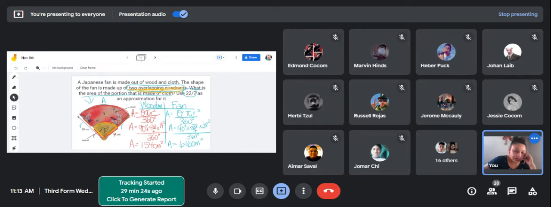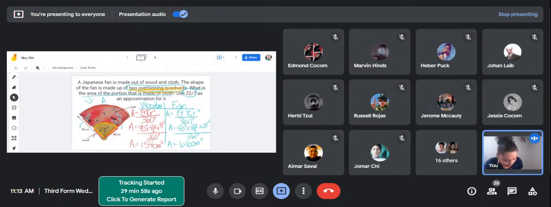And did you get that? 616? Yes, miss. Okay. So now I have the area for the entire fan and I have the area for the wooden piece. What am I going to do now? Are we adding or are we subtracting? Subtracting, very good. Subtracting because I want to find the piece of the little clat only, right?